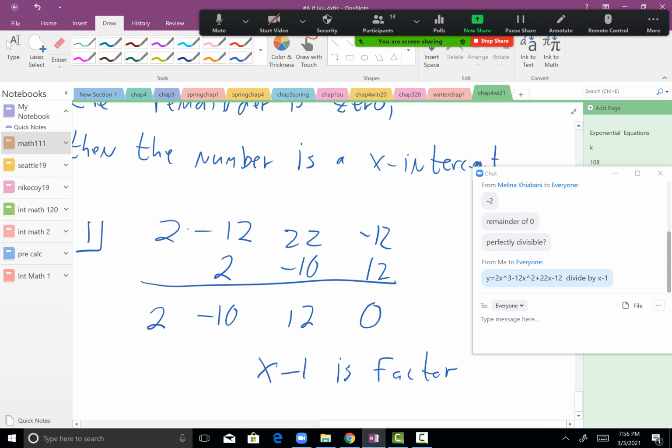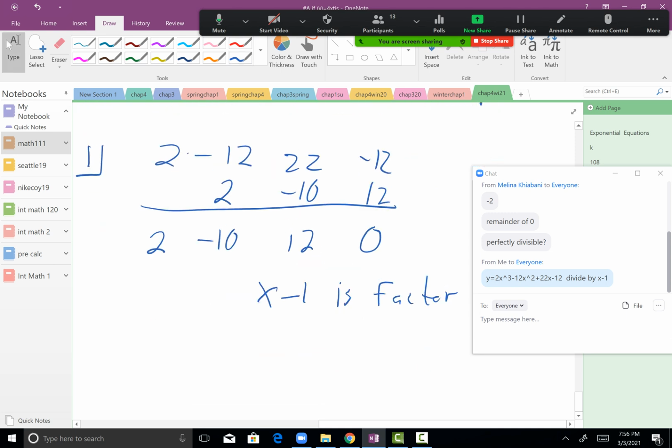If I try to write this in factored form, then this would be one of them. Now, I don't know what the other ones are, but I know that's going to be one of them. And that's what the remainder and the factor theorem say.